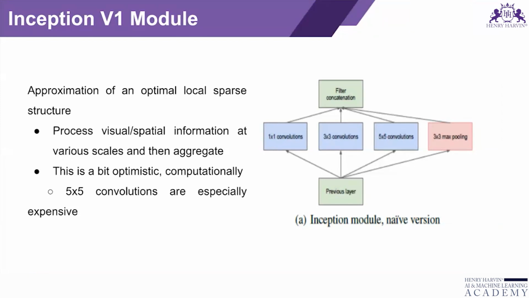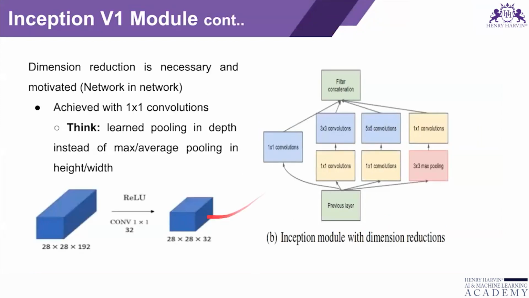So these are the different architectures. Here you can understand the inception model, how they are processing, how much data is processed at one time. 28 by 28 into 192.